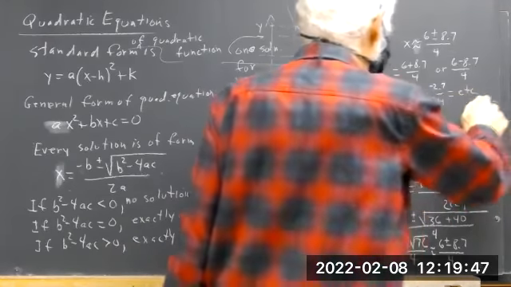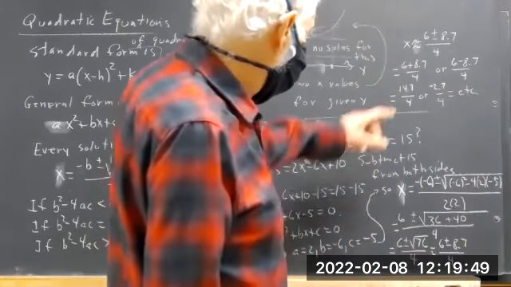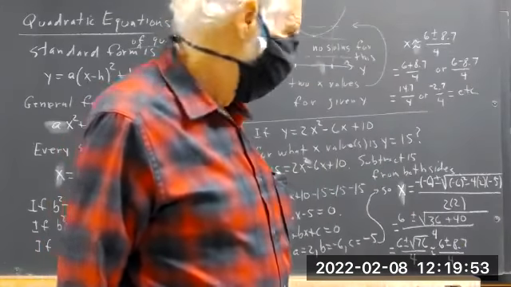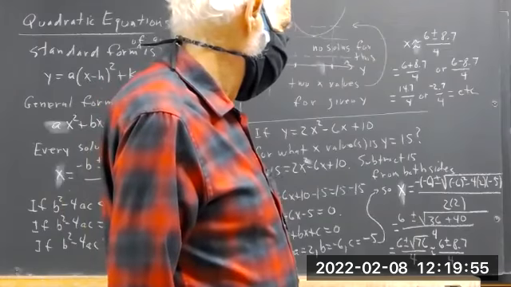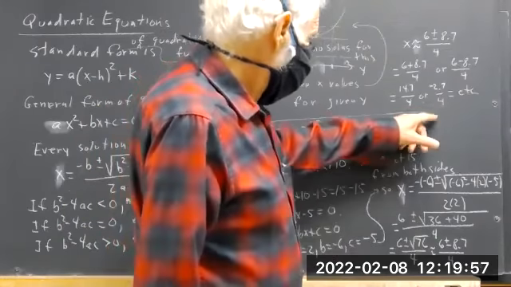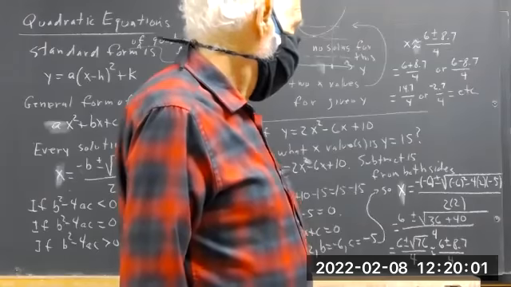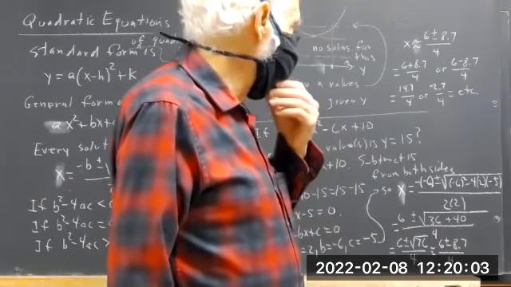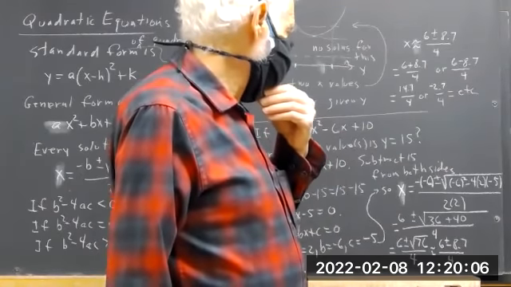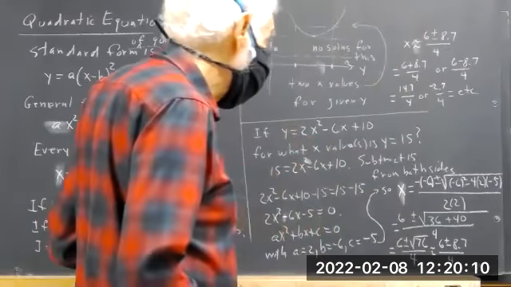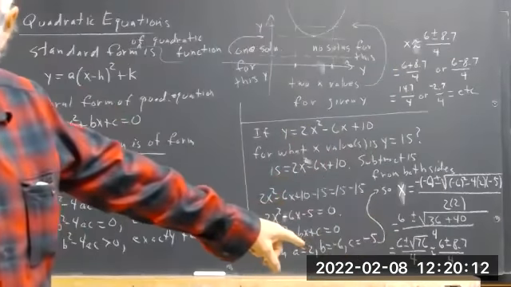And you can approximate that as a decimal. That's about 3.7. And that's about negative 0.7. 3.7 and negative 0.7. Well, that bothered me. That's kind of what I got in my head. Okay. So it's not difficult to use this.